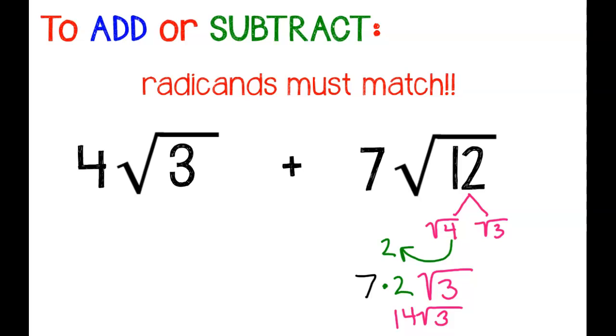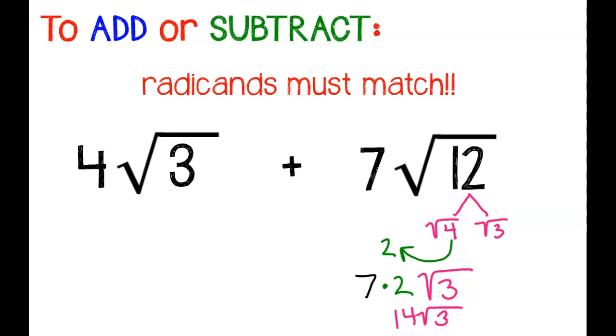And when 2, which is your new coefficient, comes outside and joins 7, which is your original coefficient, those two numbers multiply together. So our new expression here will be 7 times 2, which is 14, and our radical stays 3.